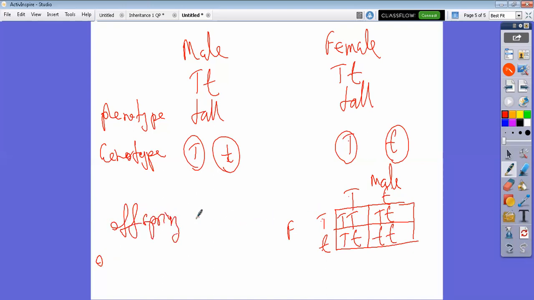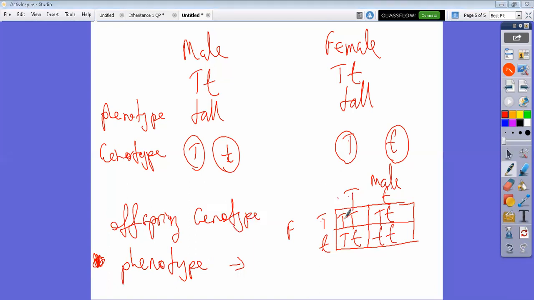I've used the Punnett square. Who can tell me the ratio of what we have here in terms of the phenotypes? Who can tell me the ratio? Sarah, what do you have here? How many tall? How many dwarf? How many are tall? 3.